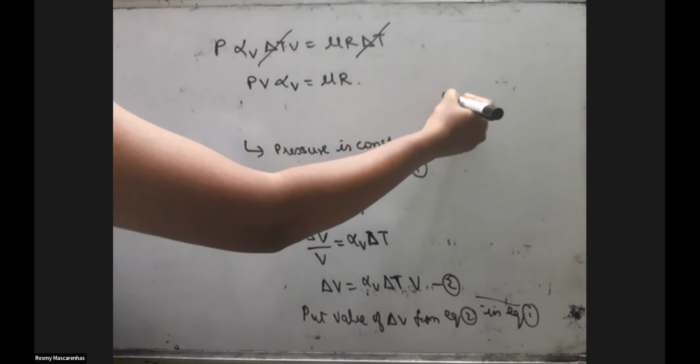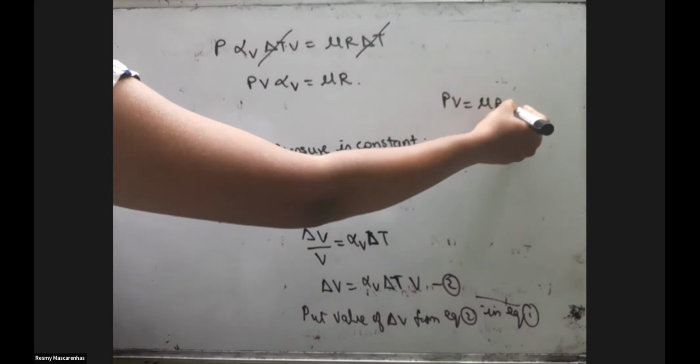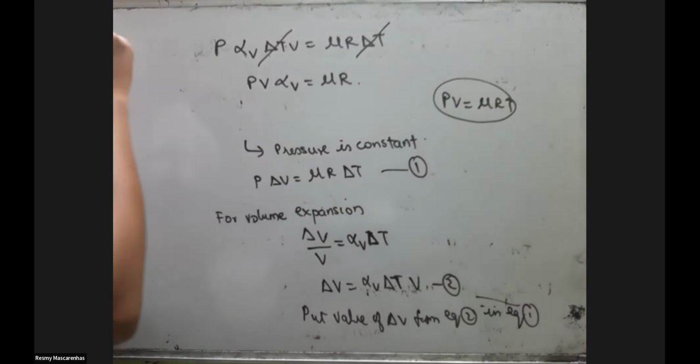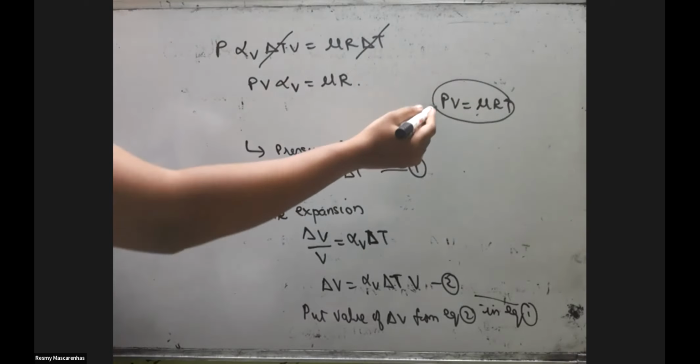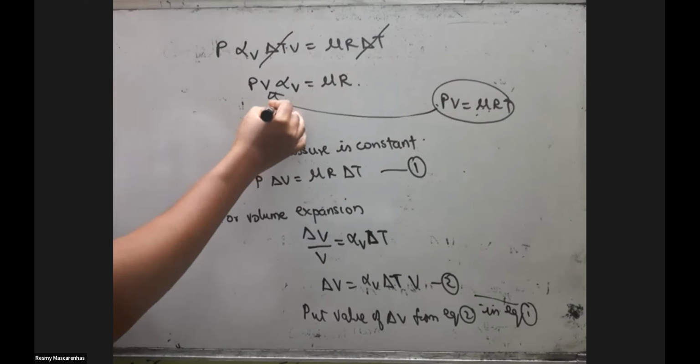We know what PV is, starting from the ideal gas equation: PV value is mu RT. The first line we had written. So instead of PV, you can write mu RT.